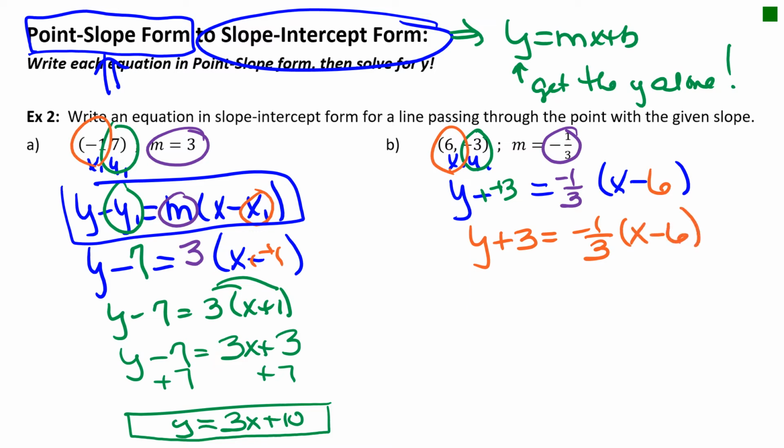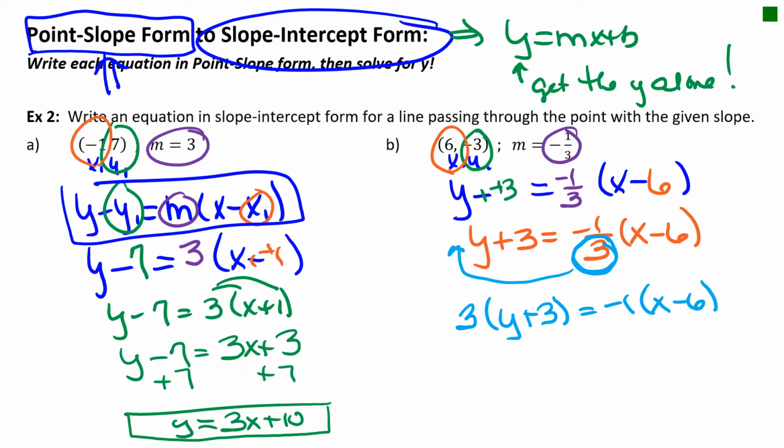You have a lot of ways you can do this. The way I'm going to talk about right now might be different than the way another teacher tells you. I want you to take this 3 as a denominator and sneak it up here and turn it into multiplication. 3 times y plus 3 equals negative 1 times x minus 6. Then we're going to distribute. 3y plus 9 equals negative 1x plus 6.